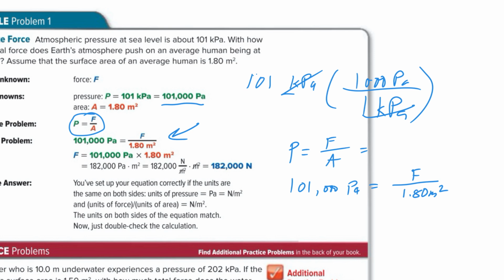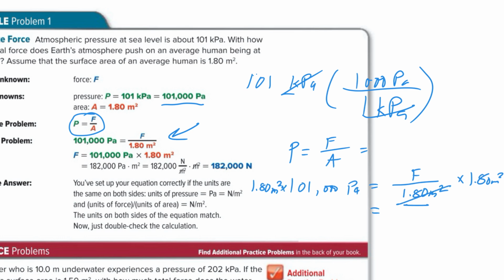To do that, remember in algebra, you undo things by doing the opposite. So we're dividing by 1.8 on this side, so we're going to multiply by 1.8 square meters. Okay, going to multiply the other side by 1.80 square meters.